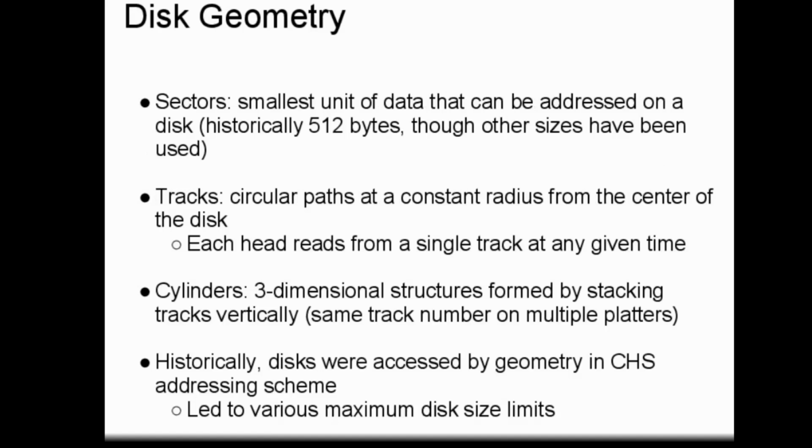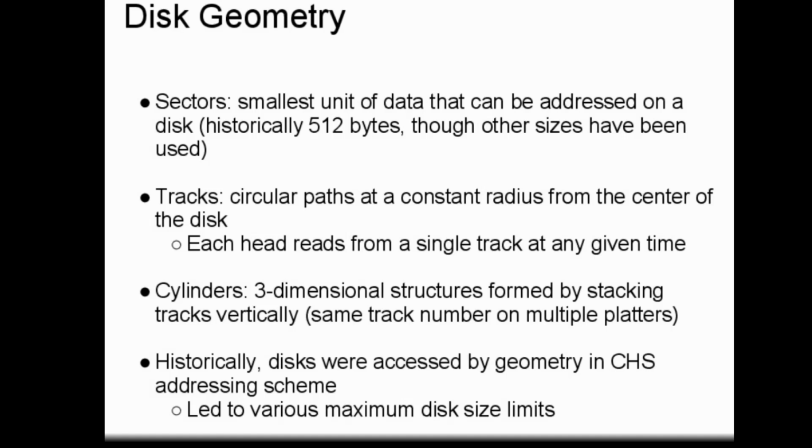Historically, magnetic media were addressed by geometry. The smallest addressable unit of space on a hard disk is called a sector, and this is typically 512 bytes, at least on older disks, though other sizes have been used and newer drives go up to 4 kilobytes. Tracks are circular paths at a constant radius from the center of the disk, and each track is divided into sectors.